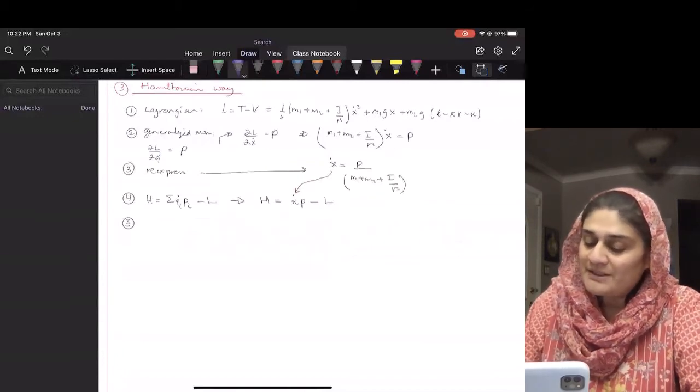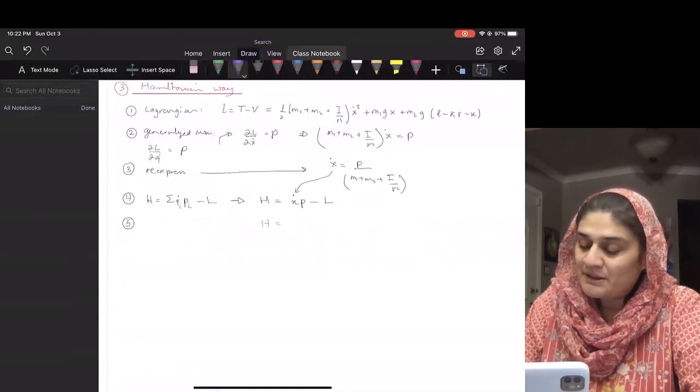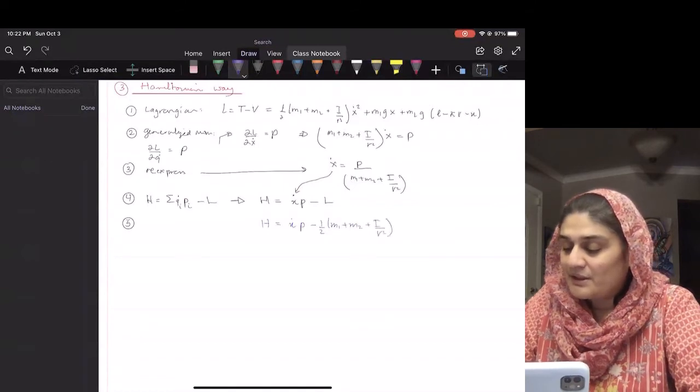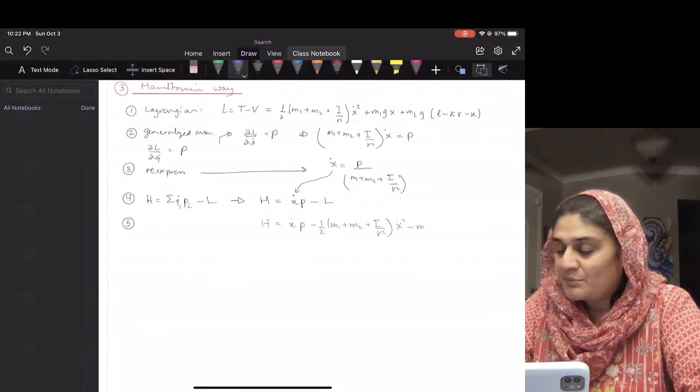So that implies my H will become X dot P minus a half (M1 plus M2 plus I over R squared) X dot squared minus M1 g X minus M2 g (L minus pi R minus X).